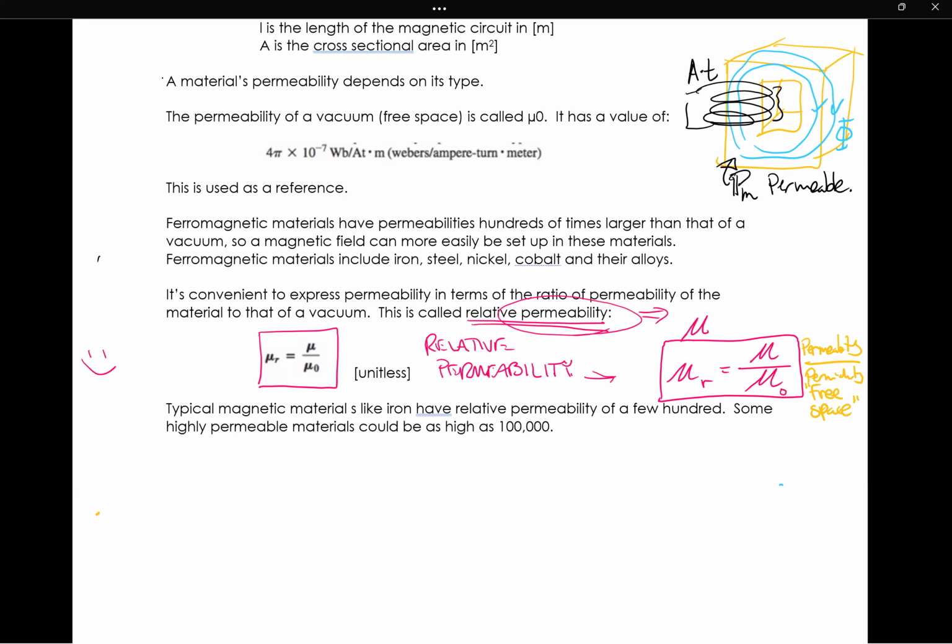But we like to compare materials. If we look at permeability as a material property, we say permeability is equal to the permeance in general for this whole circuit times a geometry normalizing term.